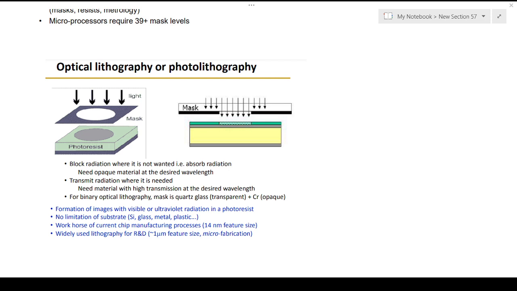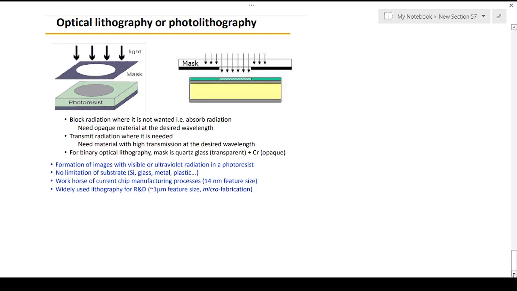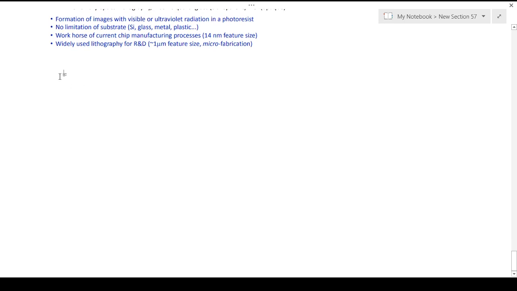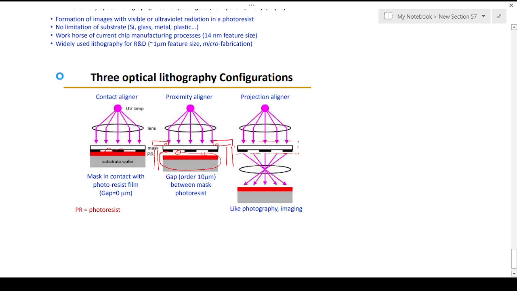There are three different configurations for optical lithographic techniques, one of which is mask contact with photoresist film, where P represents the photoresist in this figure. These are three optical lithographic configurations for focusing on the different lines: proximity aligner, contact aligner, and projection aligner.